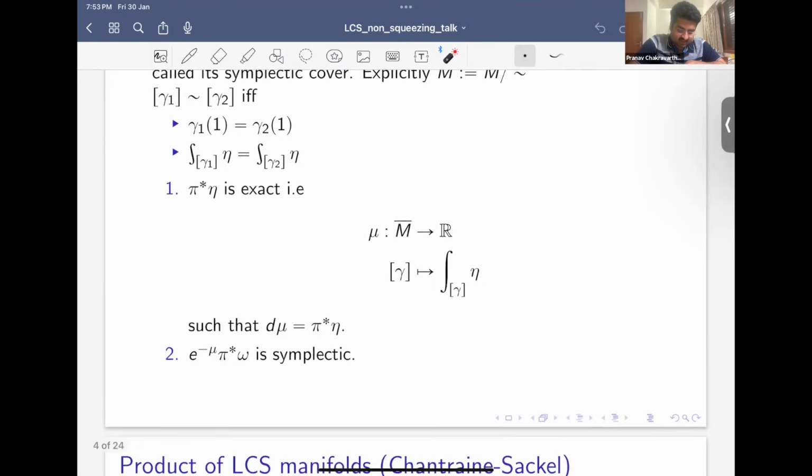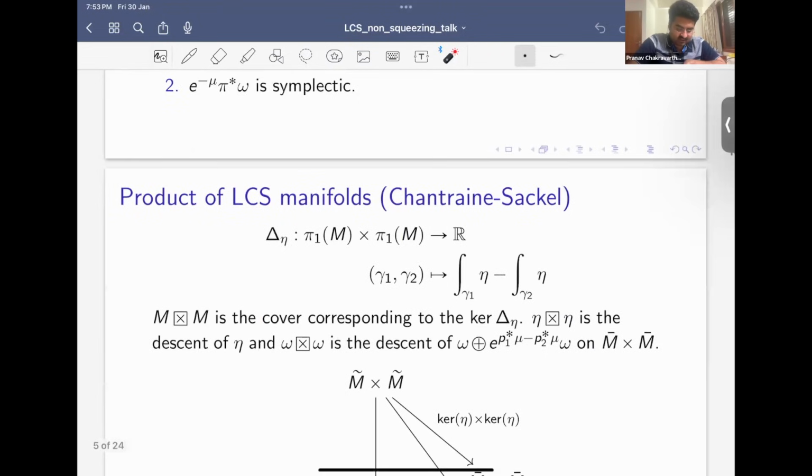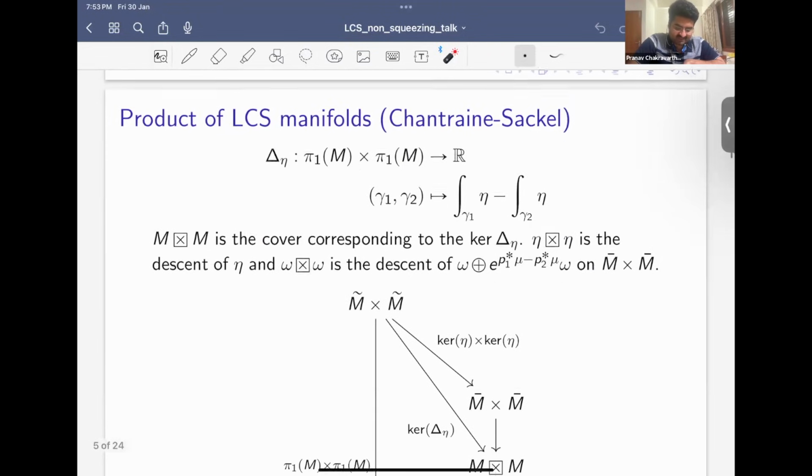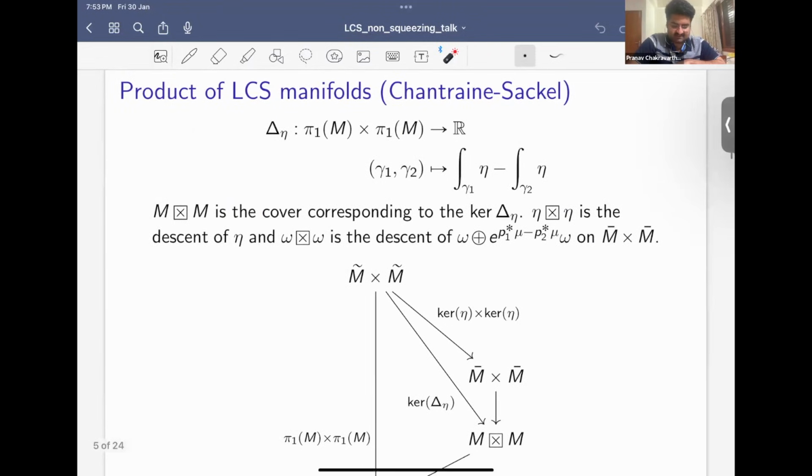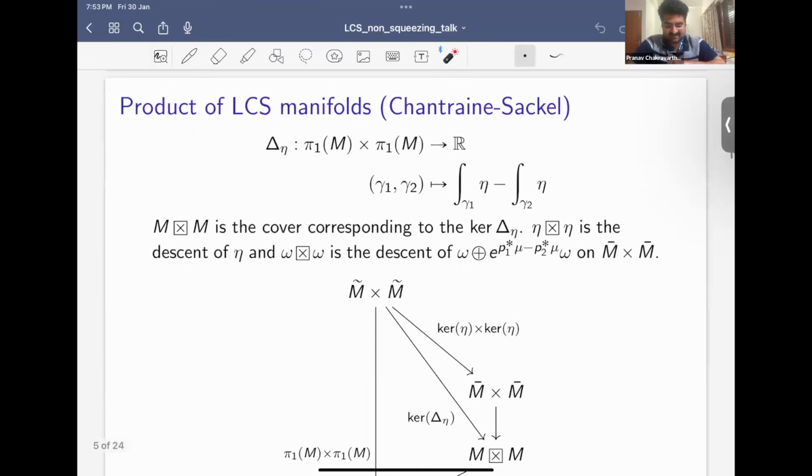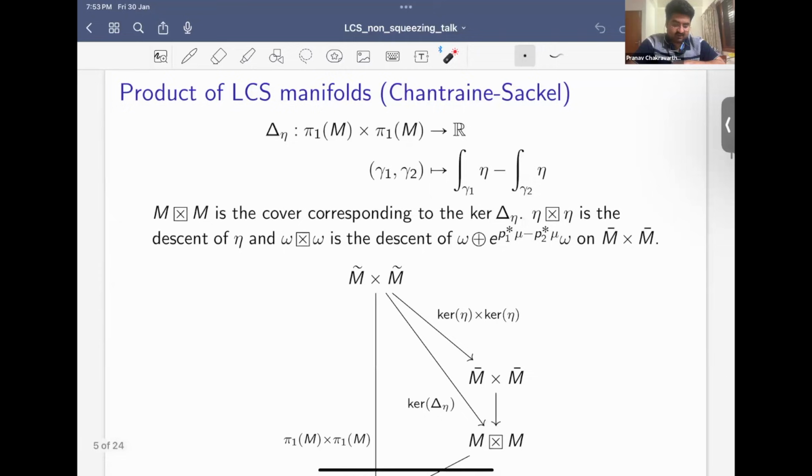Okay, and another important covering space associated to these manifolds is the product LCS manifold. This is a construction due to Chantraine and Murphy.